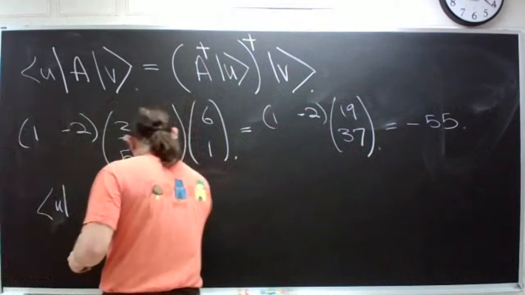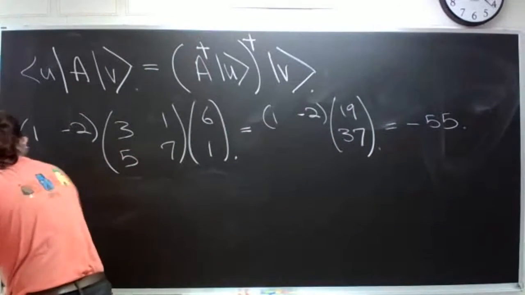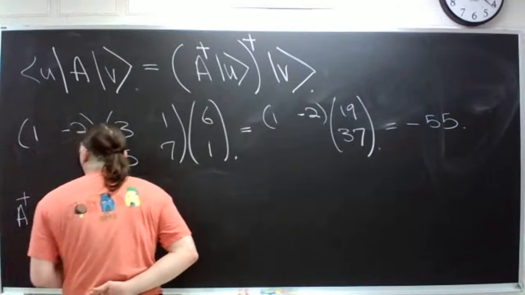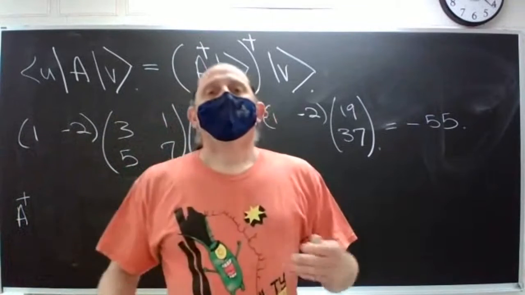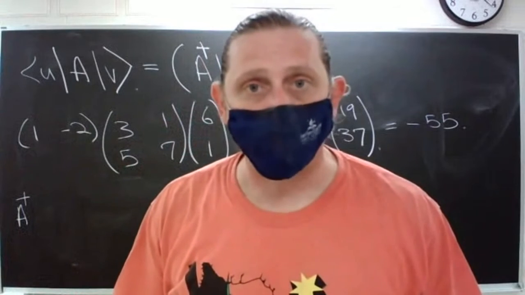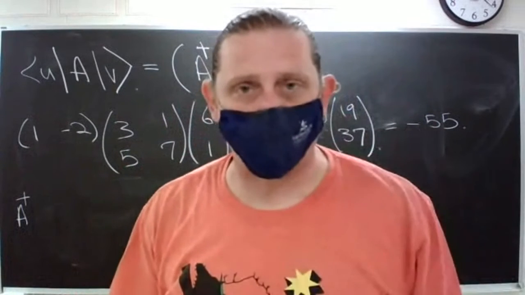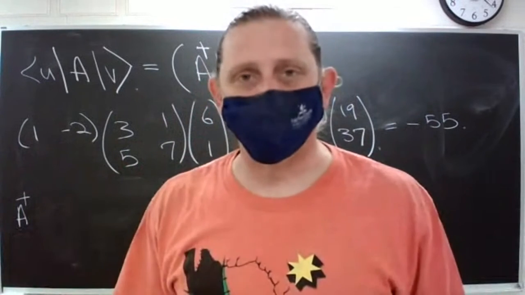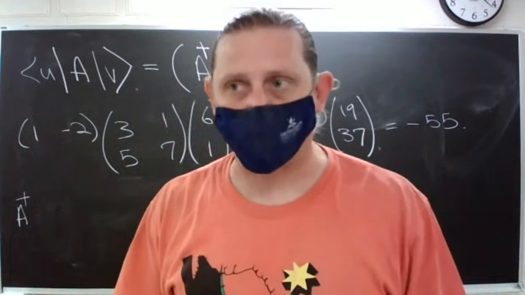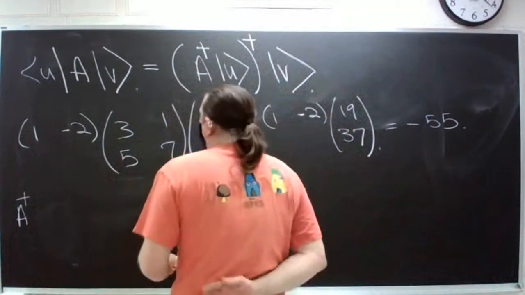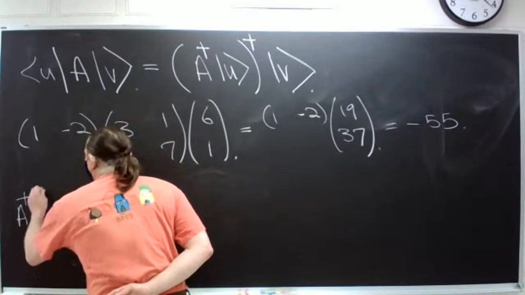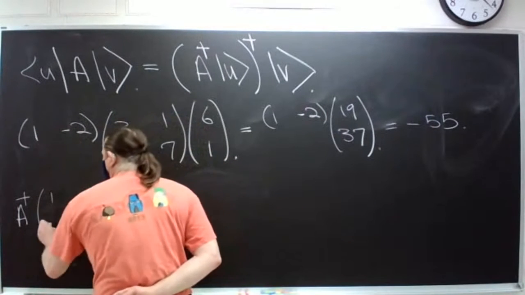If I had the transpose, or I'm going to write this dagger like that, for the standard inner product, the difference is that you have to do the complex conjugates. I'm not going to use complex numbers here, so it's not going to matter. But that is true in general. So I would have A dagger acting on 1, negative 2.